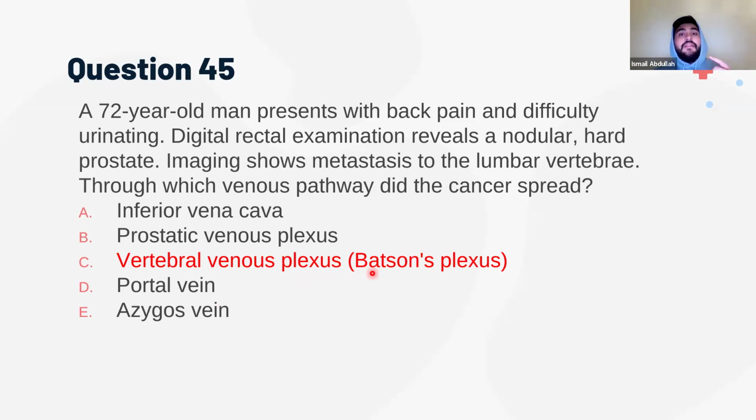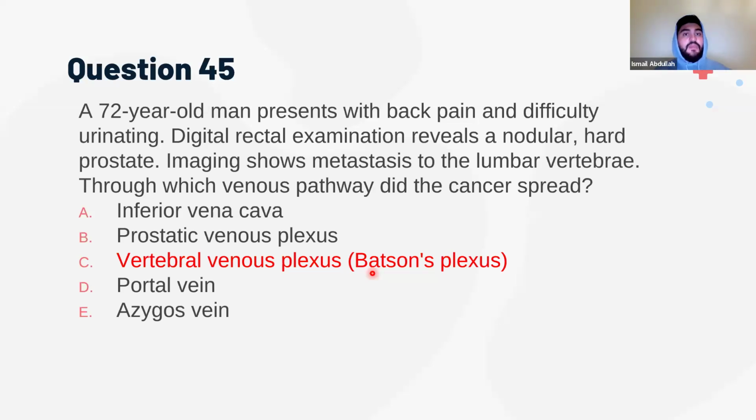One of the first signs of metastatic prostatic cancer is back pain. So if a question comes with a male, 65 and above, with back pain and difficulty urinating, you need to think of prostate cancer as number one.